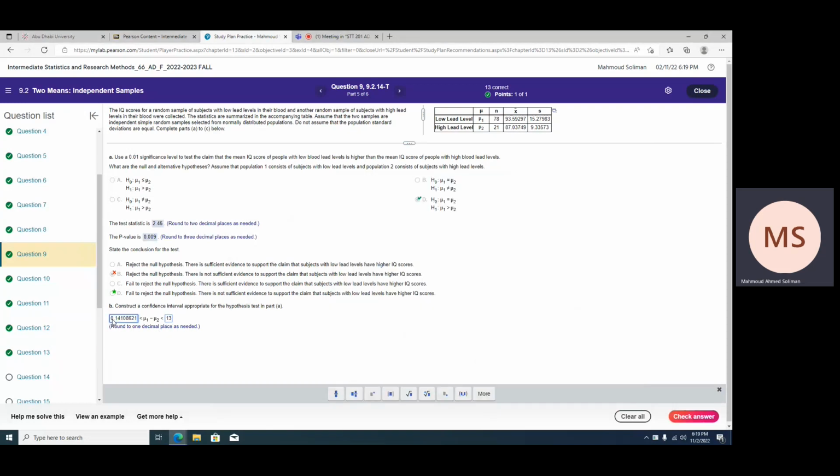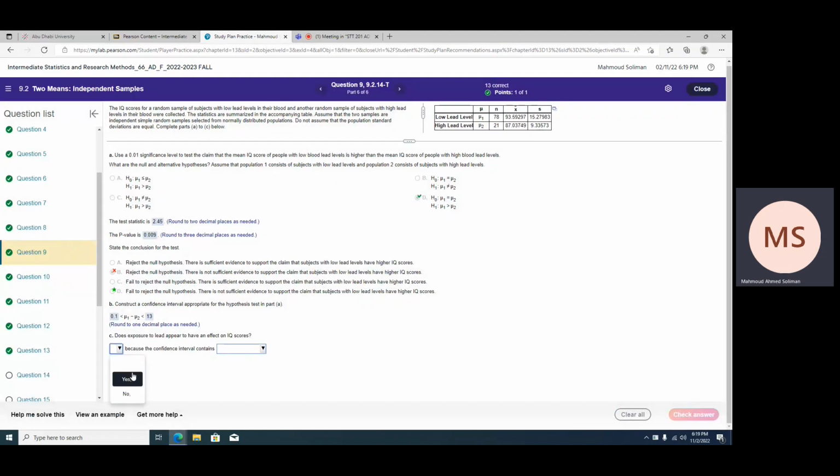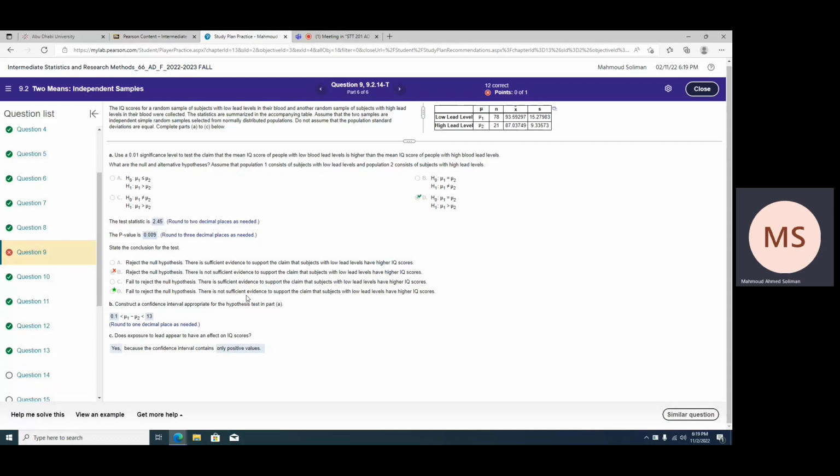Less than will be reject, there is sufficient evidence, yes? It's the p-value is less than alpha, we reject. So we have sufficient evidence.